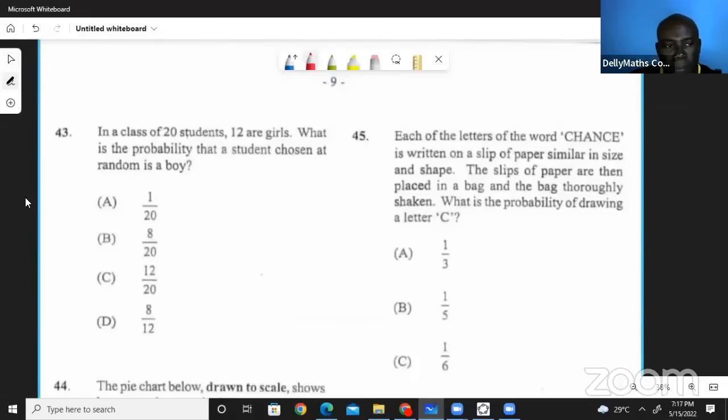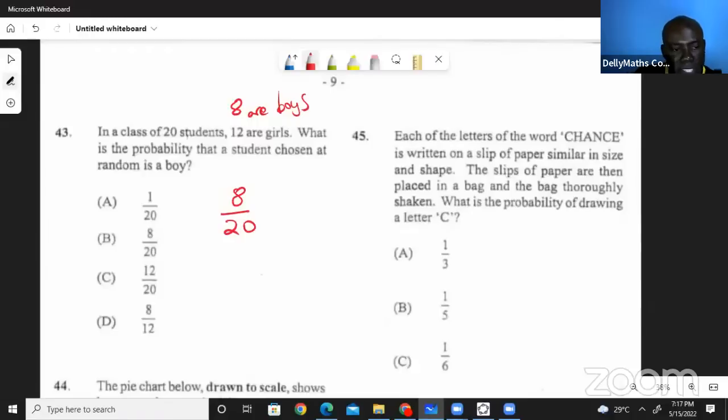All right, so let us quickly look at this. 20 students, 12 are girls, so definitely we could say 8 are boys, right? Definitely 8 of them are boys. And then now, what's the probability that a student chosen at random is a boy? How many boys? 8. What's the total? 20. So you see 8 over 20. So the moment I see 8 over 20, it is there. If they had canceled it down, I would have worked with them and canceled, but I'm working for it to see what's going on right about now.